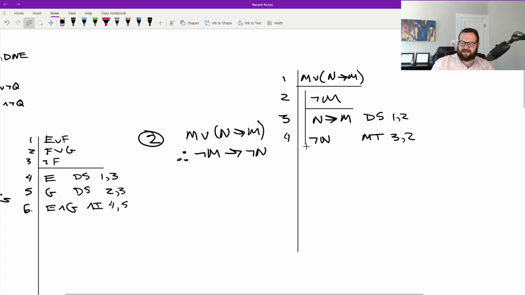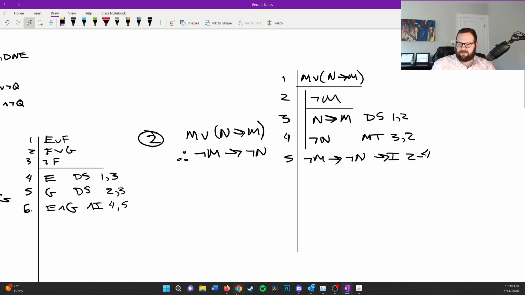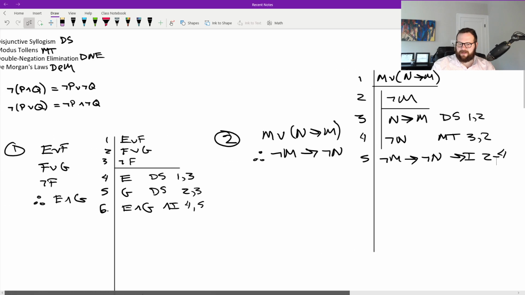Now I get to come outside of this assumption. I get to say, if you assume not M, then you can arrive at not N using conditional introduction. Cite the entire subproof 2 through 4. Not too bad, right? Okay, let's move on to problem 3.